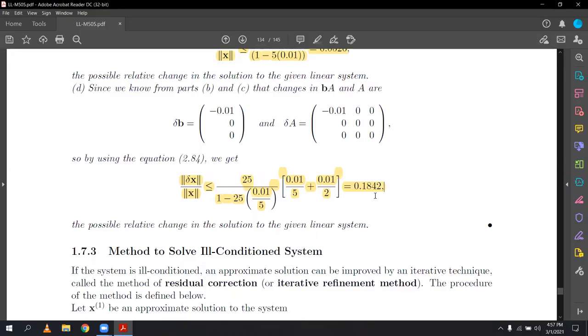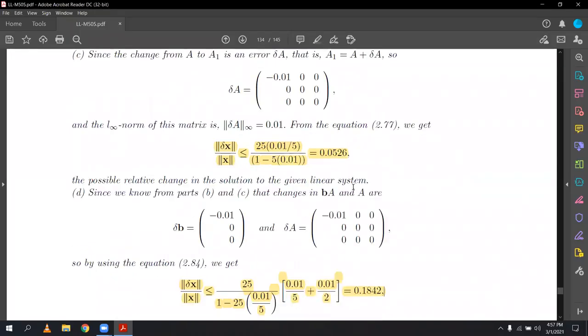Now, sometimes, as I told you, we have millions of systems that are ill conditioned. And as I told you, an ill-conditioned system gives you a bad approximation.